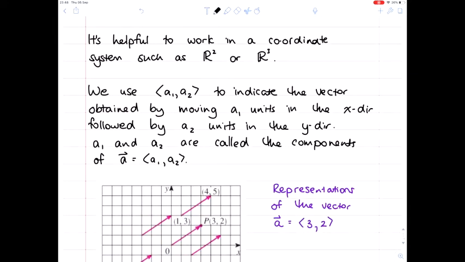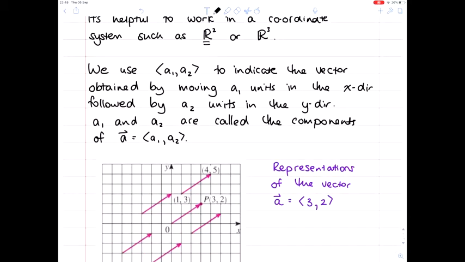Let's work in a coordinate system. We'll use R2 for the moment and then head into R3. Then we can describe a vector obtained by moving A1 units in the x direction and A2 units in the y direction using this notation.